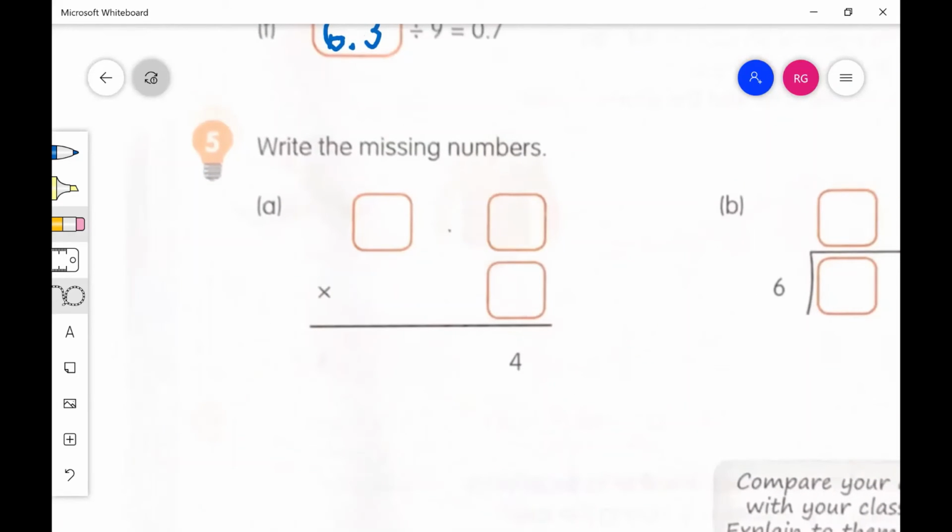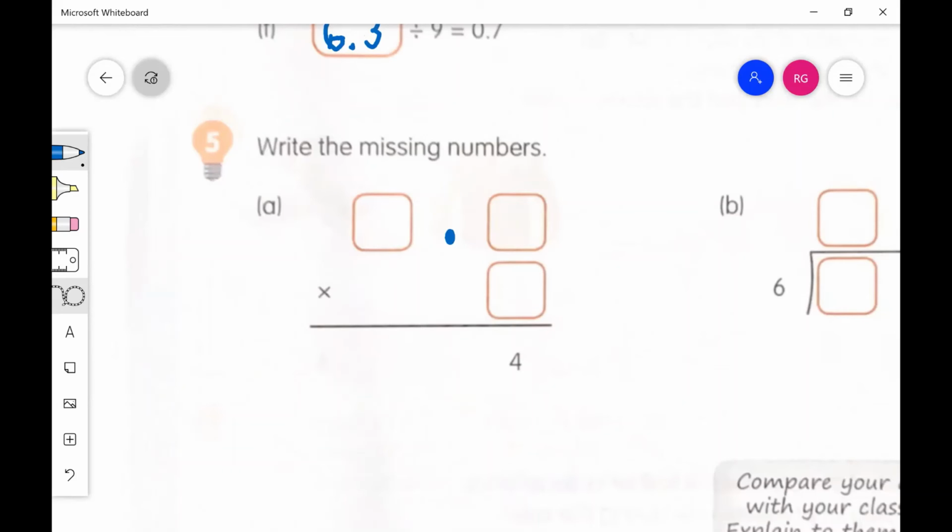This says write the missing numbers. Okay, this is for part A, and notice there is a decimal here. So we need to take blank point blank times just a single digit number, and this may not be a decimal, equals 4.